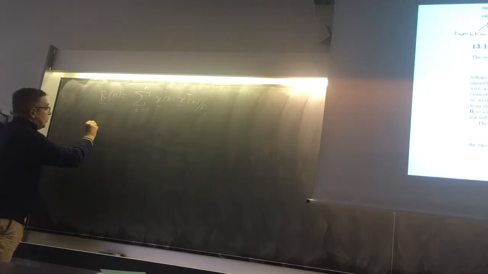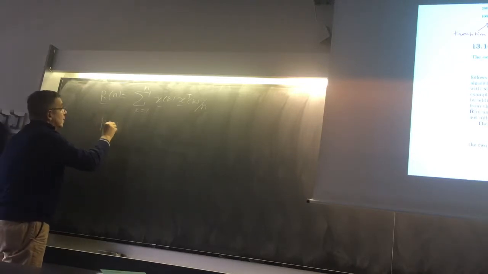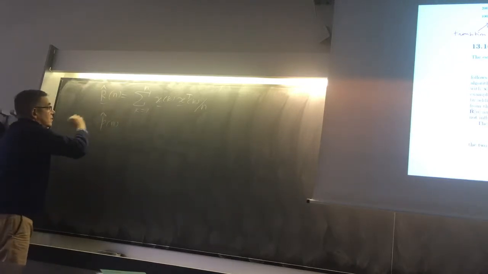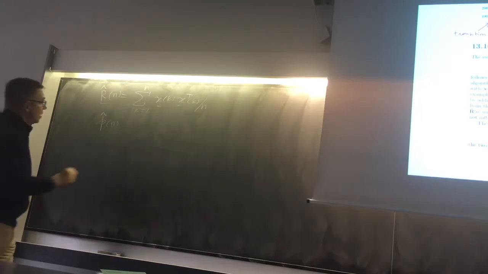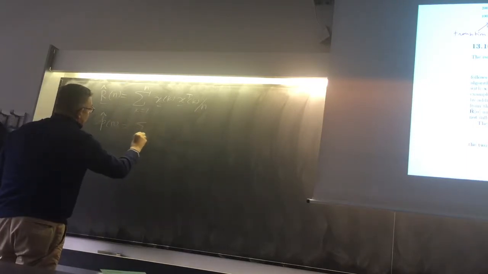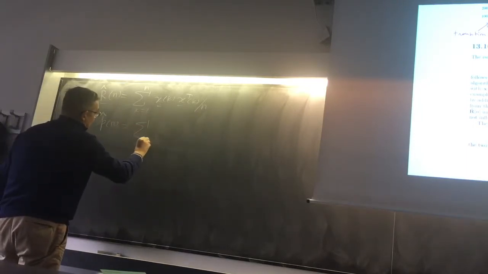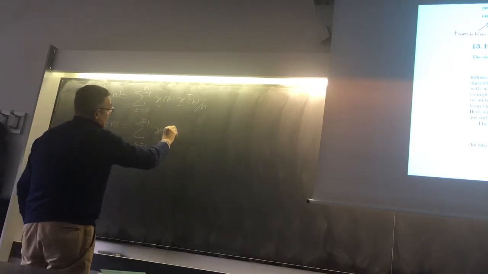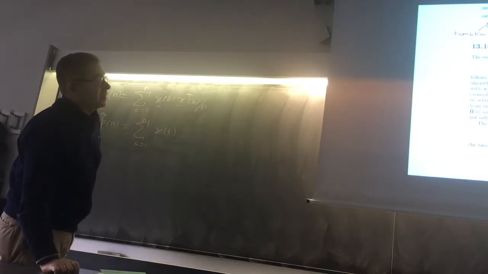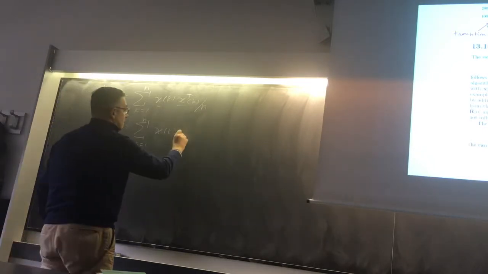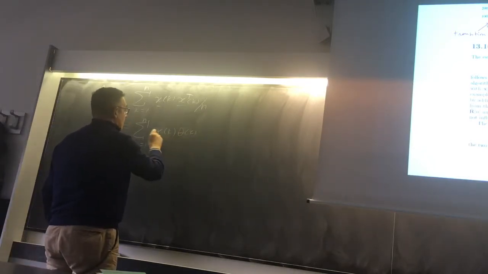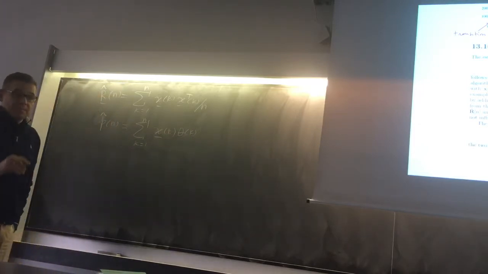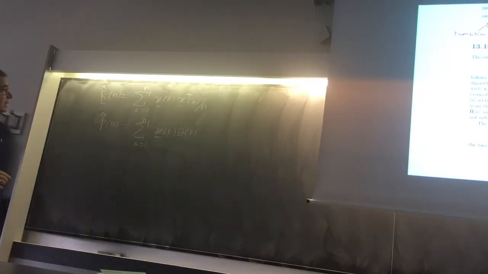Now, if I compute P_n, it is a sum for k equals 1 to n of x_k times theta_k. So I'm making the sample estimate this way.